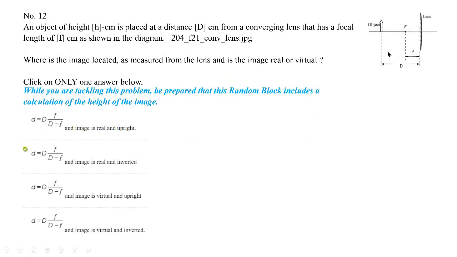Okay, number 12. This one involves lenses, and it's a good one in chapter 26. An object of height h centimeters, just so long as we are consistent, is placed at a distance capital D from a converging lens that has a focal length of f centimeters, as shown in the diagram.